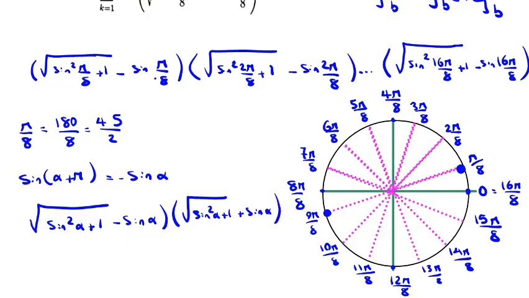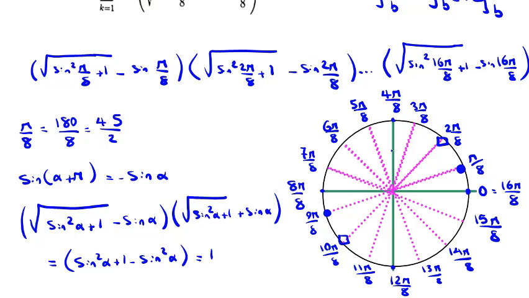So I consider these two terms, and then I consider these two together like this first. So it will be what? You can say it equals, with the identity this squared minus this squared, 1 minus sine squared alpha, it will be 1. So if you use this for each pair, we have 16 terms from 1 pi over 8 until 16 pi over 8.